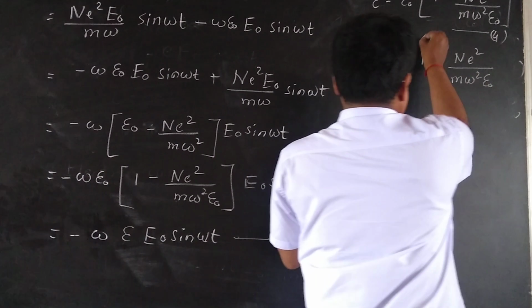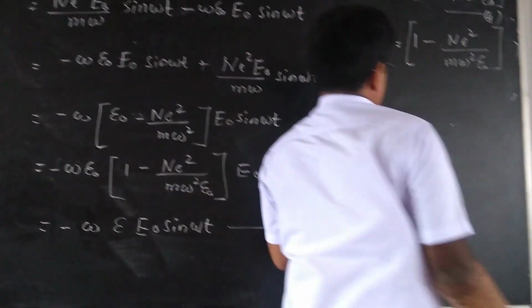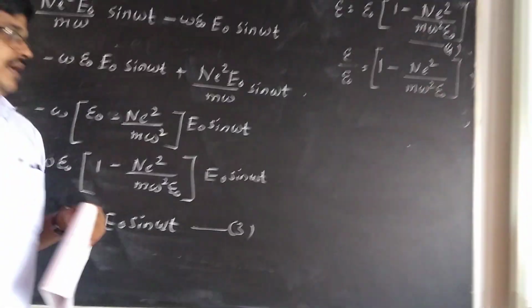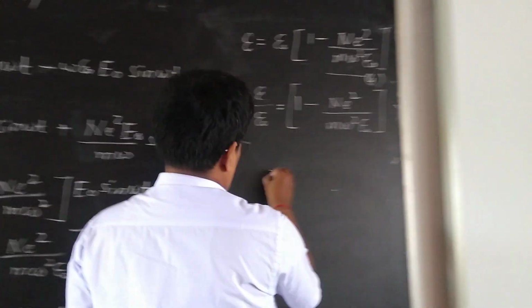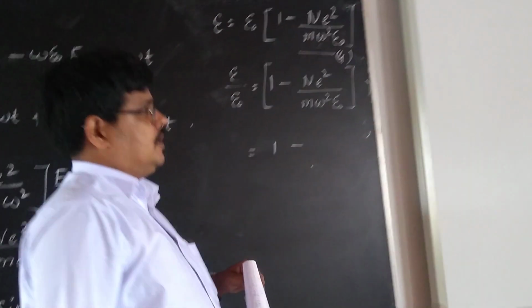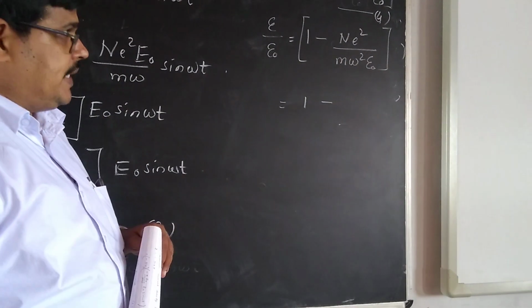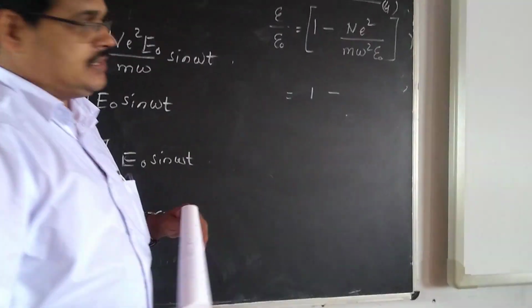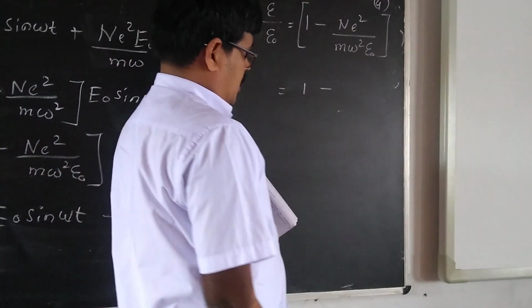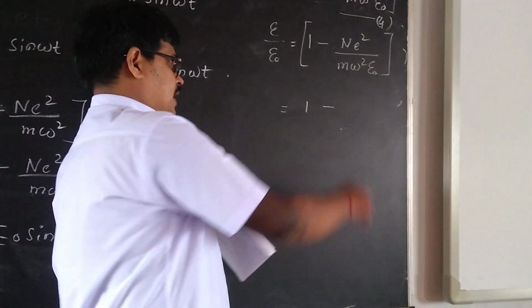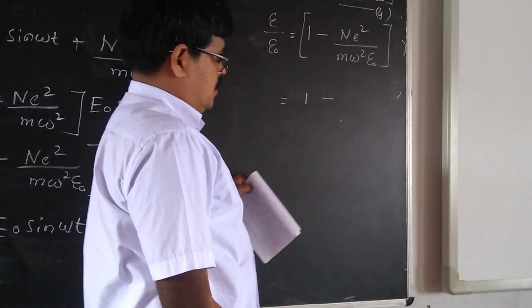So epsilon divided by epsilon naught is equal to 1 minus N e square divided by m omega square epsilon naught. N is the electron density in the ionosphere. It varies. e is the electronic charge, which is a constant. m is the electronic mass, which is a constant.